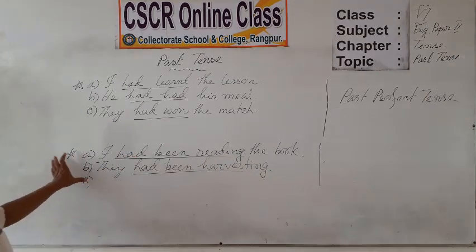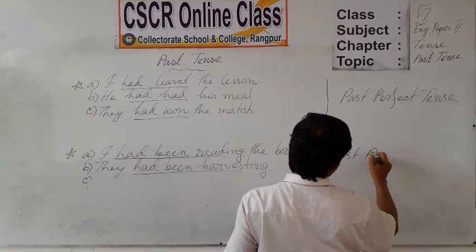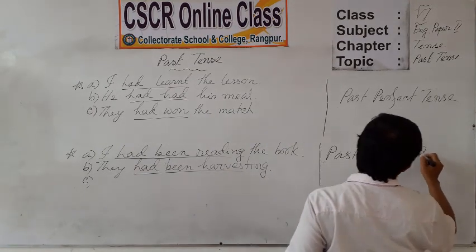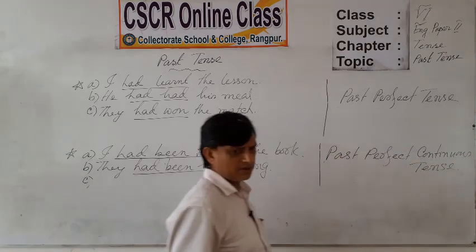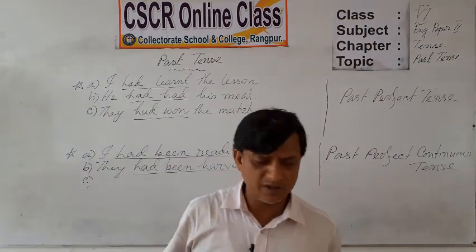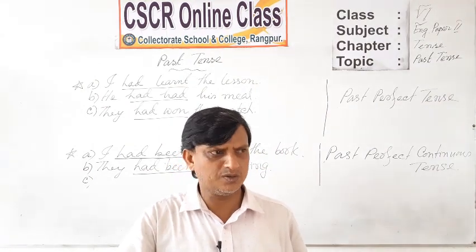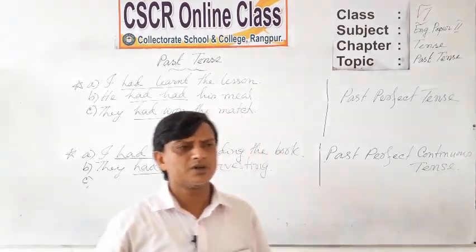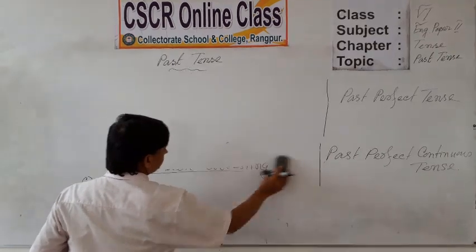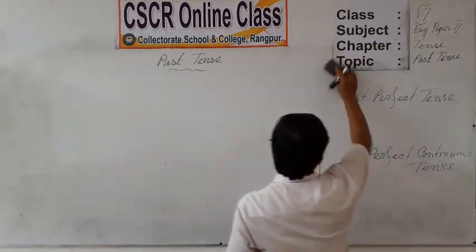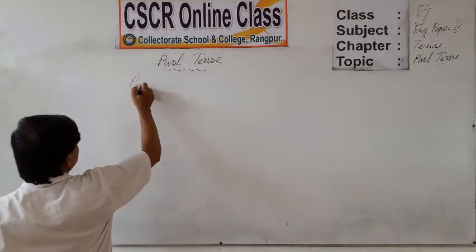That means had been plus ing for a verb, that is called past perfect continuous tense. So, dear students, in past tense there are four kinds. They are past indefinite, past continuous, past perfect and past perfect continuous. Dear students, we can come back to simple past or past indefinite.